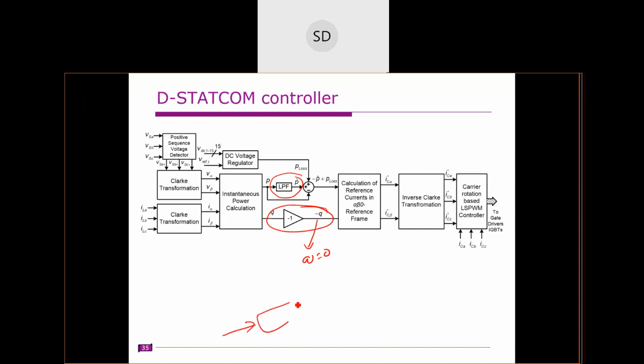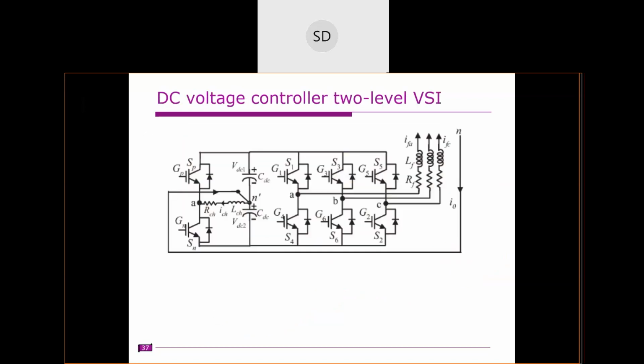That means this is P here, we have the low pass filter, and after that you just multiply with -1, and you will get minus PDC. And these currents will change here. Earlier they were D-STATCOM currents, now these currents are supply currents. So only three places we need to change: the active power calculation, the reactive power calculation, and the currents we are measuring. Earlier we measured the D-STATCOM currents, now we need to measure the supply currents.